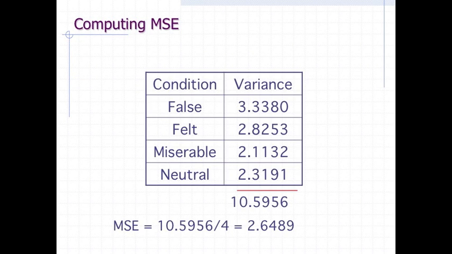Recall that the assumption of homogeneity of variance states that the variance within each of the populations is the same. This variance is the quantity estimated by MSE and is computed as the mean of the sample variances. For these data, the MSE is equal to 2.6489.